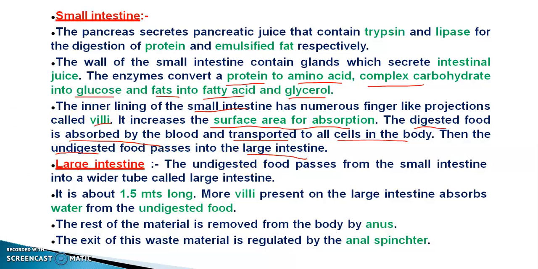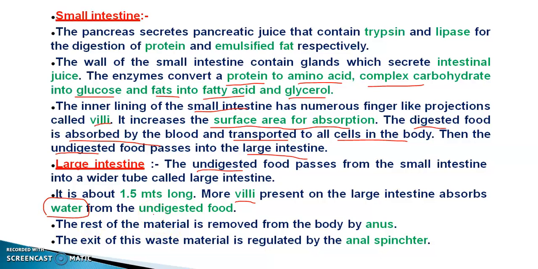Now keep in your mind, the digestion has completed, but the large intestine plays a very different role, that is the absorption of water from the undigested food material, which means the large intestine receives undigested food from the small intestine, right? And this large intestine also has villi, and these villi help in the absorption of the water present in the undigested food material.